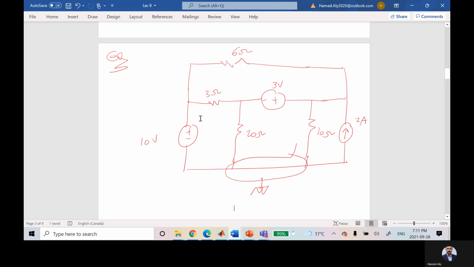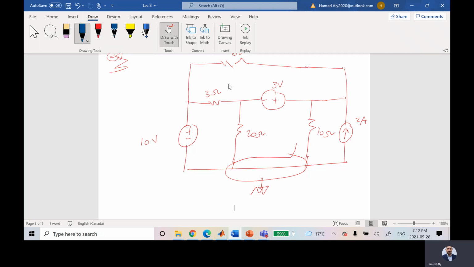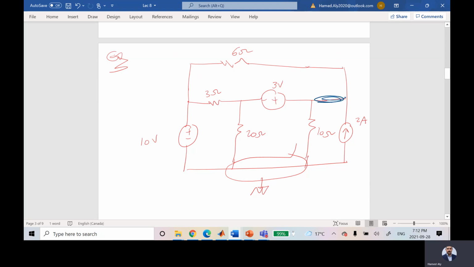Actually, 4. 1, 2, 3, 4. These two, can I consider them as one node? Yes. Why? Because there is nothing connected between them except a wire without resistance. So I can consider those as one node as well. So how many nodes left? I have 3 actually. I have this guy, this guy, and this guy.